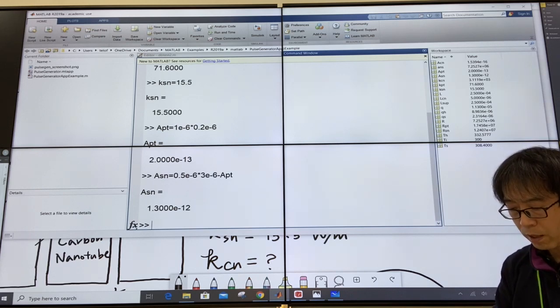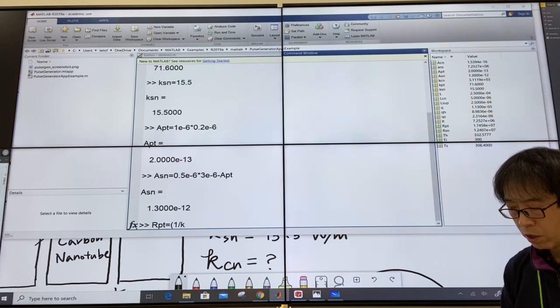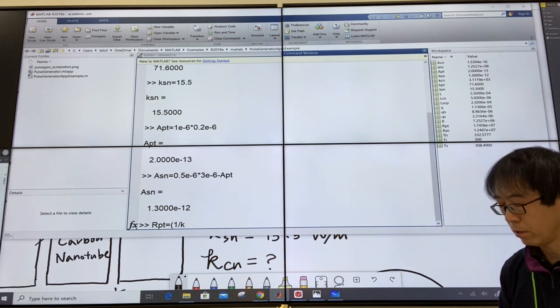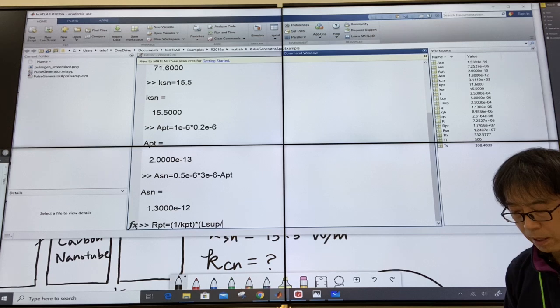And now we have the thermal resistance of platinum. That will be 1 over the thermal conductivity of platinum times the length of the supporting structure divided by the area of platinum, right?